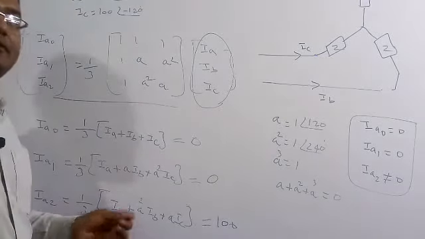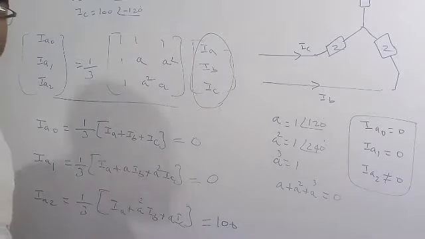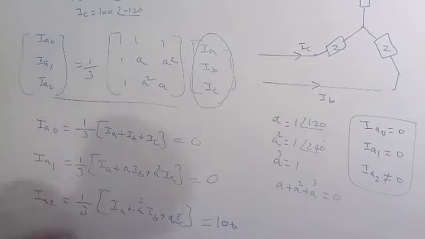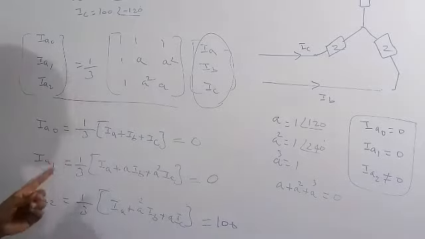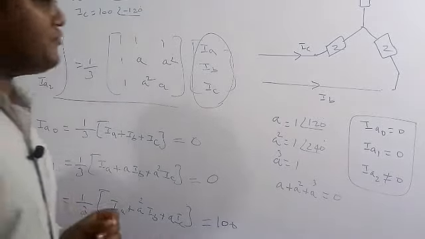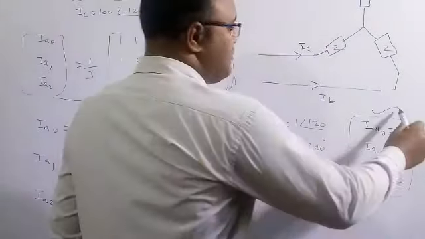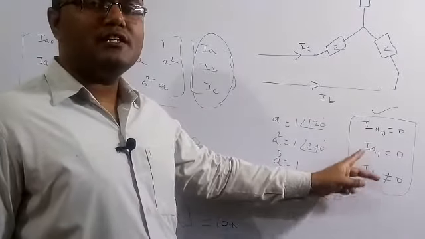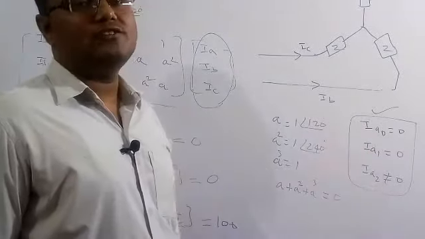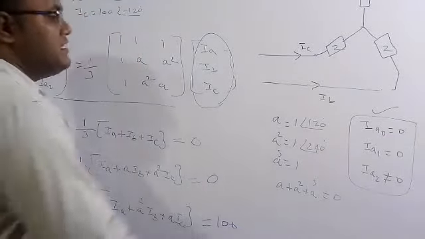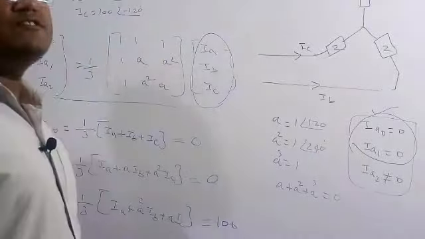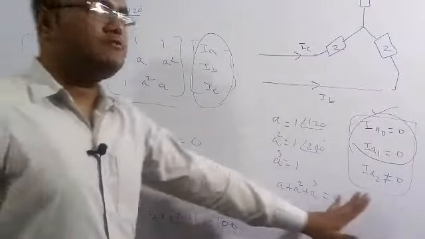I know the values of IA, IB, IC and also of A. After substituting these values I am going to get 100. So IA0 is equal to 0, IA1 is equal to 0 and IA2 is equal to 100. Finally, what we conclude is that the 0 sequence current and the positive sequence current are 0 but not the negative sequence current. That is the correct option, meaning only the 0 sequence and positive sequence currents are 0. So this is the correct solution of this question.